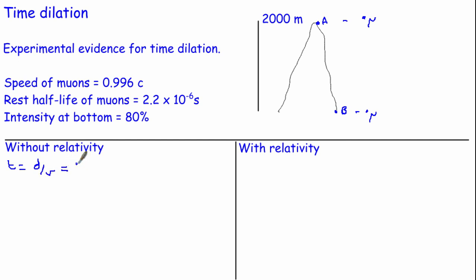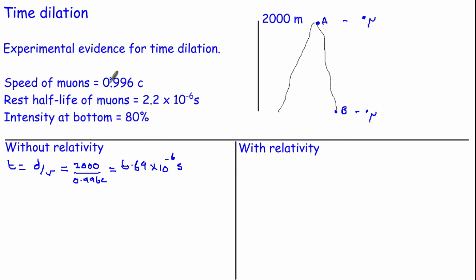Well, the distance is just 2,000 meters because our mountain's 2,000 meters high, and the velocity is 0.996 c. And if we put in c as 3 times 10 to the 8, what we find is the time it takes the muons to get from the top to the bottom is 6.69 times 10 to the minus 6 seconds. So that's the first bit.